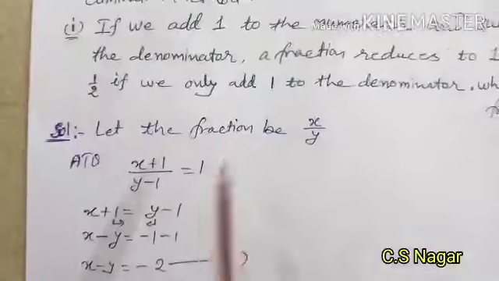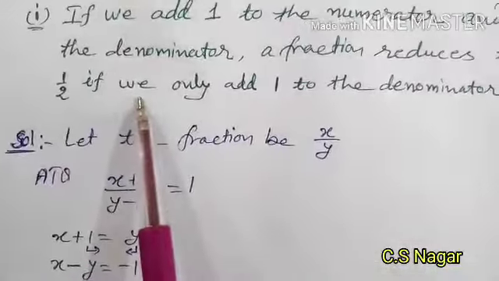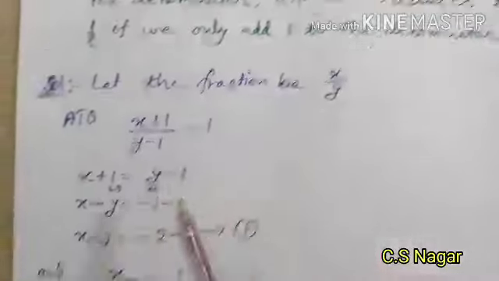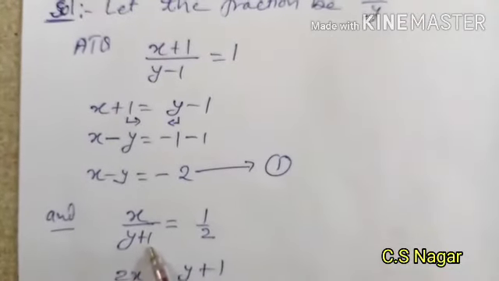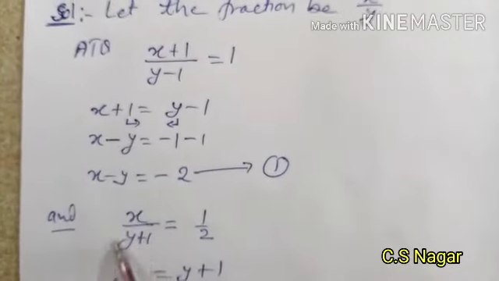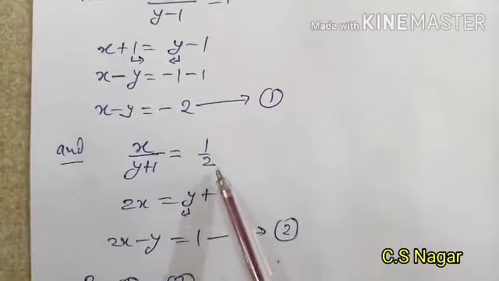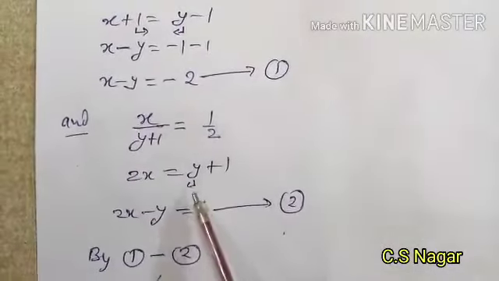Now second condition, it becomes only 1 by 2 if we add only 1 to the denominator. So our fraction is x upon y, and if we add 1 to its denominator, then it becomes 1 by 2. Once again, by cross multiplication, this is 2x and that is y plus 1.